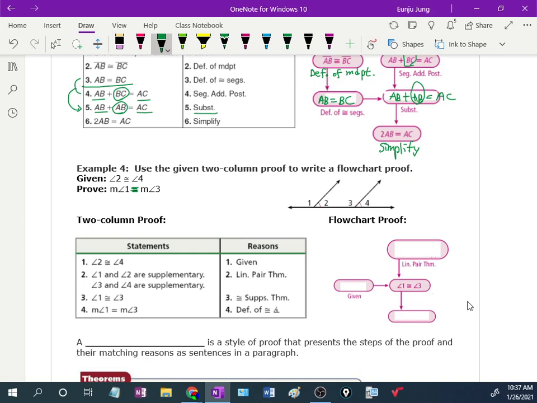So we are starting with given statement. Two angles are given. And number two statement, angle 1 and angle 2 are supplementary. Also angle 3 and angle 4 are supplementary from this diagram. And we can conclude that measure of the angle 1 is same as measure of the angle 3. Why? What kind of angles do we see?